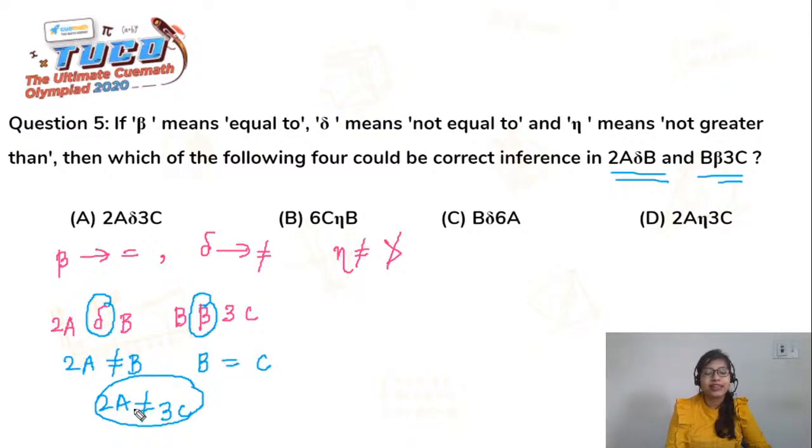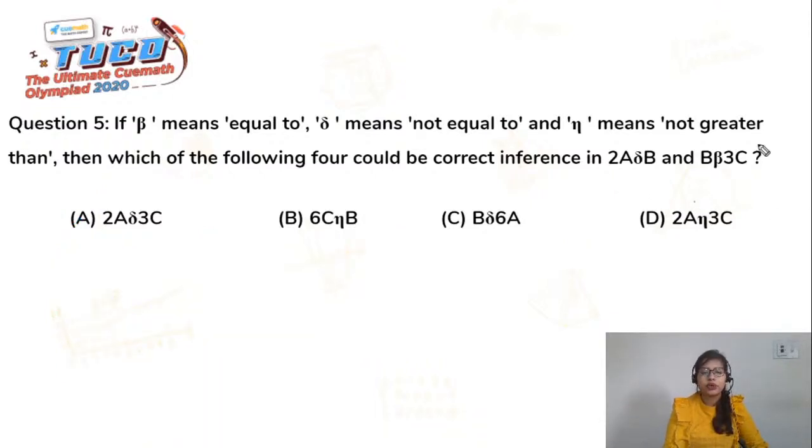So it's very obvious that if 2a is not equal to b, then 2a is not equal to 3c as well, because b and 3c are dependent on each other. Okay? And sorry, this is going to be 3c here. Alright, so I hope I made myself very clear. So it's nothing but option A itself which is going to satisfy our condition.